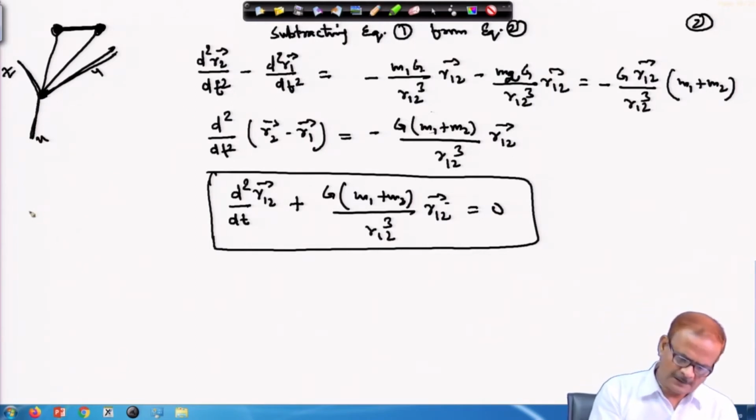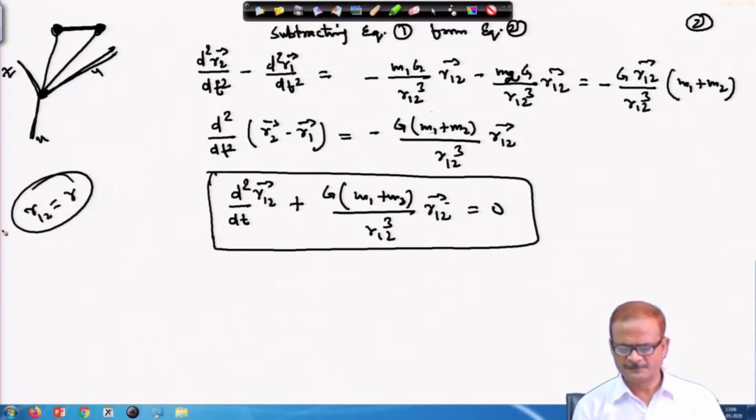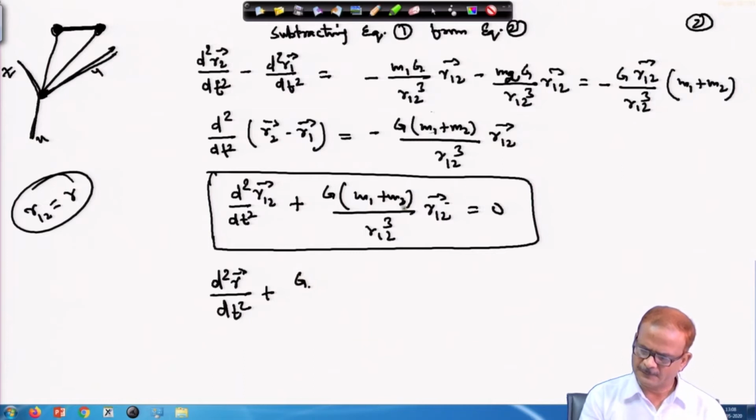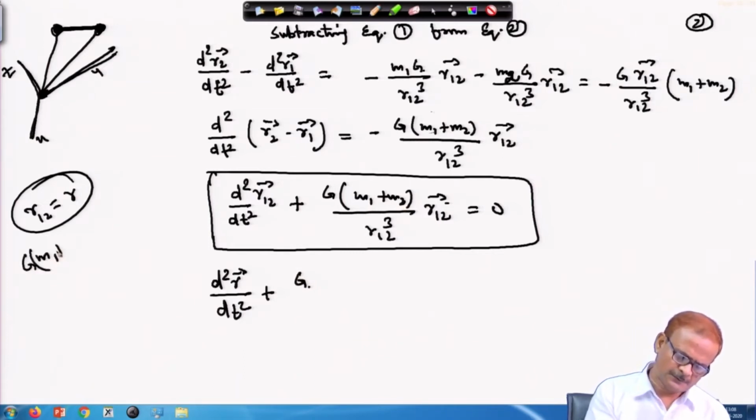Here, r12 I will simply write as r for simplicity, so that I do not have to carry this subscript. The above equation can then be written as d squared r by dt squared plus mu by r cube times r equal to 0, where G (m1 plus m2) we are going to write as mu.